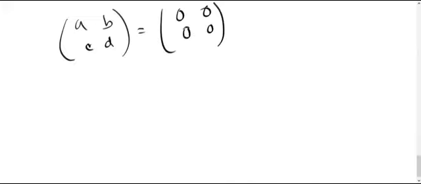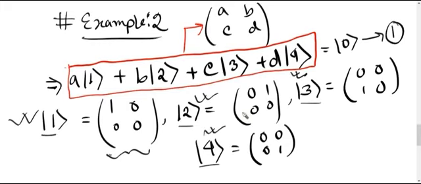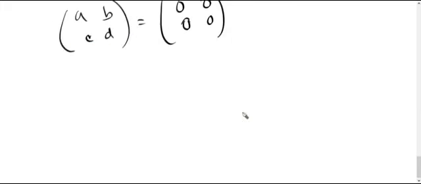So if we assume that this relationship, let's call this equation 1, is true, then the only way this is true is that A, B, C and D, all of them have to be 0. So these objects 1, 2, 3 and 4 are linearly independent.